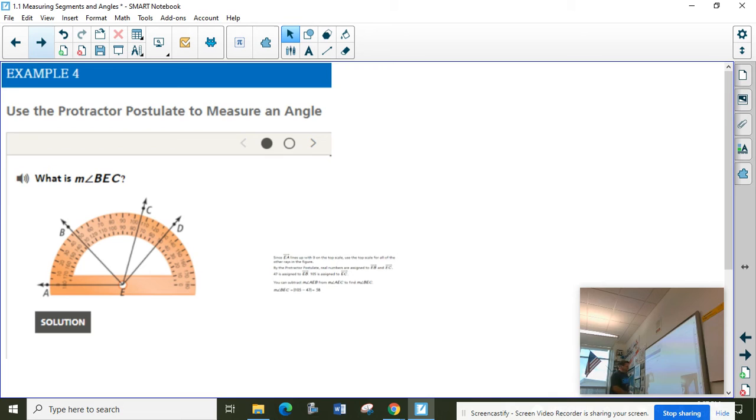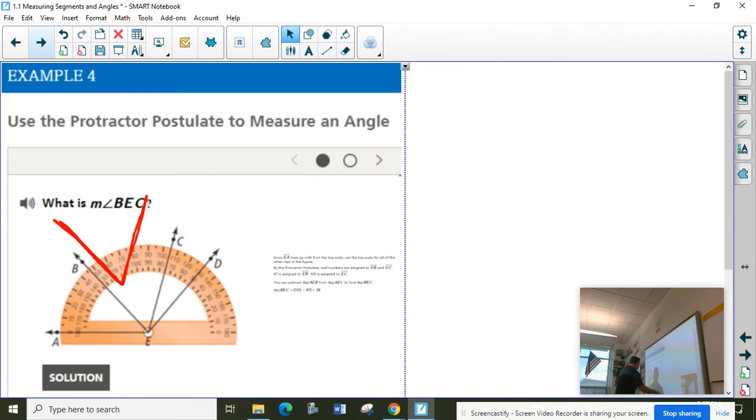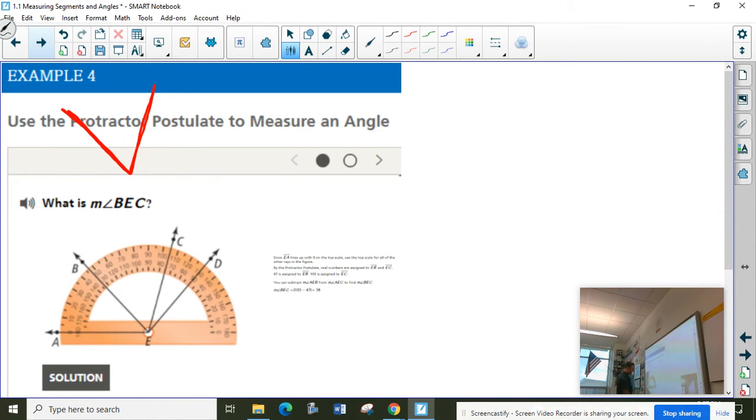So on this one, they want to know what angle BEC is. So BEC, so we have B. When you're taking a look at this, you've got to make sure that we can actually see this pretty well. So where's B, right? B's right here. And where's C?